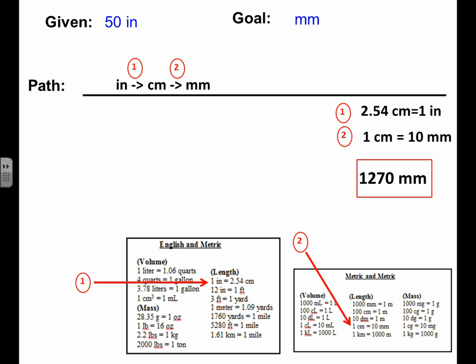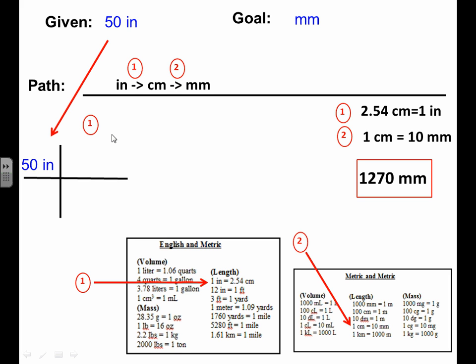Now that we have our conversions and we have our path, we can start building our railroad tracks. So with that, I'm going to bring down the 50 inches. Since I have inches on top, I have to put inches on bottom. And again, all you're doing is bringing these conversions in. And a cool trick, this first conversion is going to be your first set of railroad tracks.